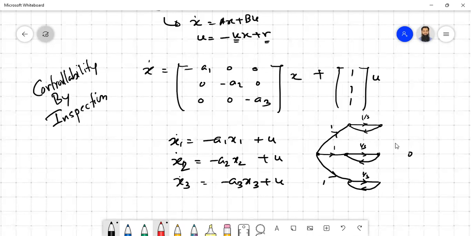And this is your output, which can have different gains, but assume those are also 1. The other side of the integrator will be x1 dot. This is x2, x2 dot. This is x3, x3 dot.